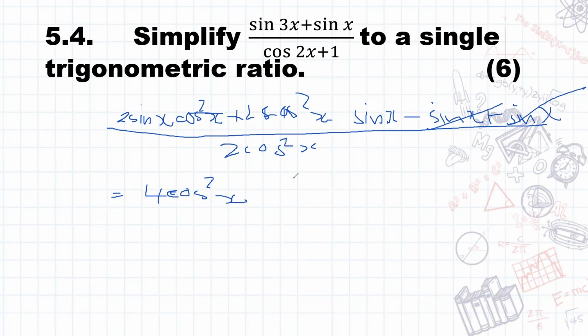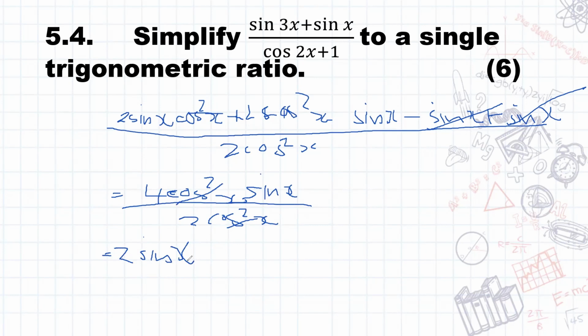Same thing, just a different order, but when we multiply, order doesn't matter. Over 2 cos squared x. So here we can cancel because now we've got one term over one term. They are all factors. We can cancel out the cos squareds, and 4 divided by 2 is 2, and we're just left with 2 sine x as our final answer.